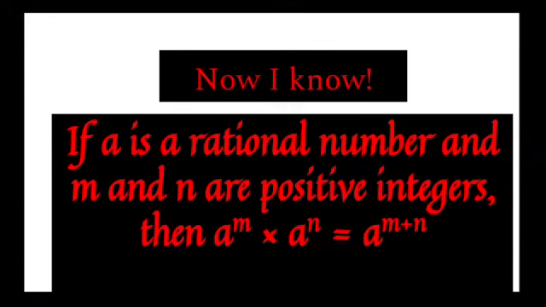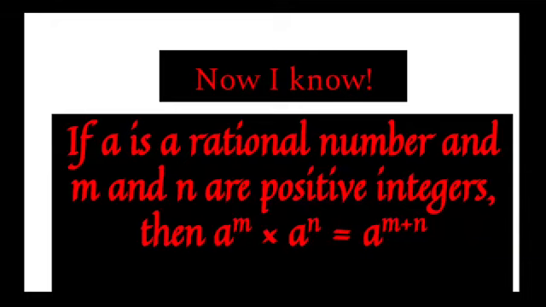So dear children, now we know that if a is a rational number and m and n are positive integers, then a raised to m into a raised to n is equal to a raised to m plus n. Here a is a rational number.